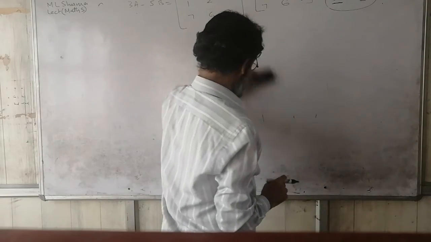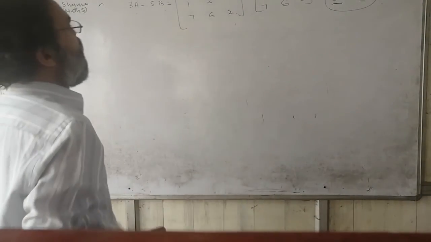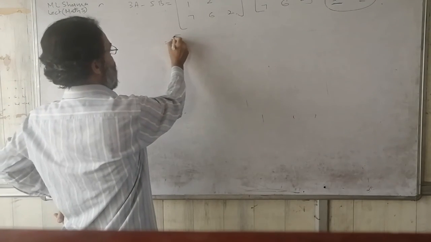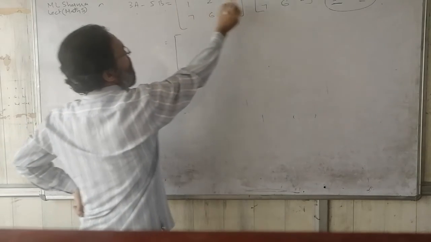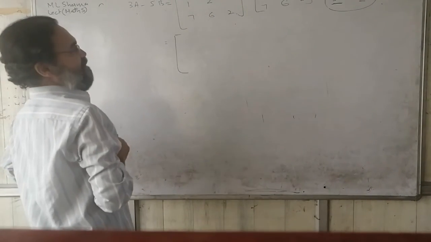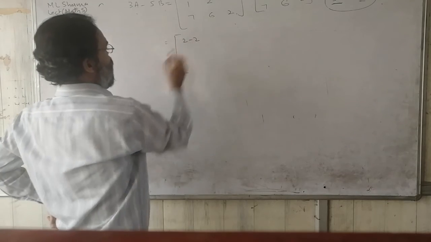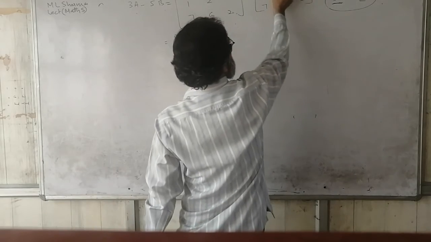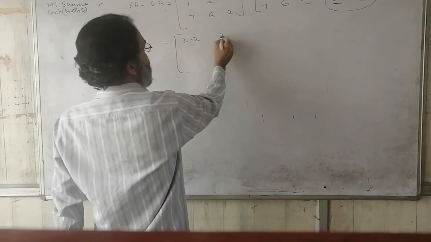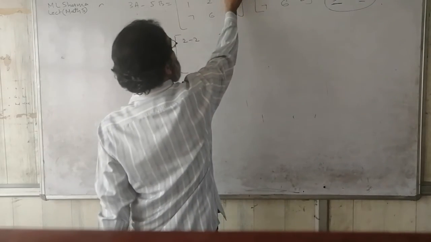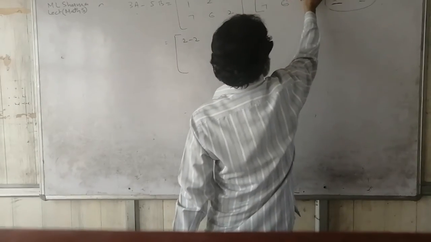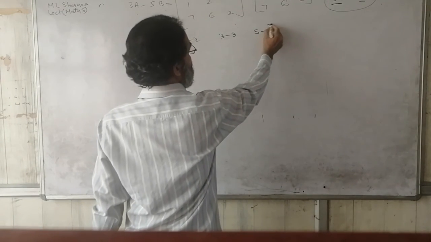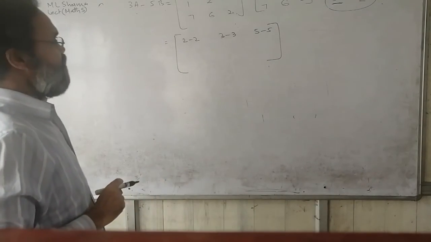Now for subtraction, corresponding elements are to be subtracted. So this will finally equal, for this element and this element, which are corresponding elements, 2 minus 2 here. Then corresponding elements 3 minus 3, and 5 minus 5. So these are the elements in the first row.